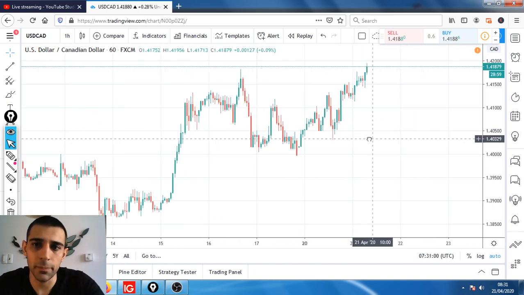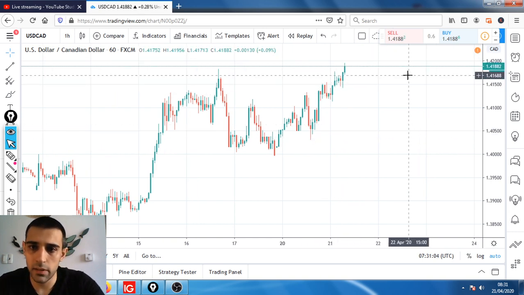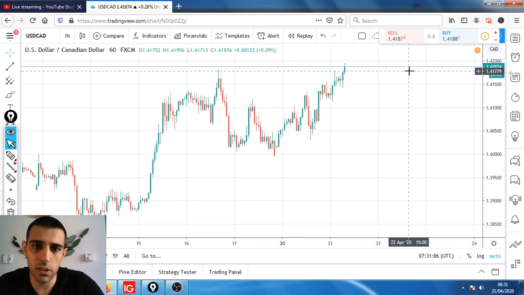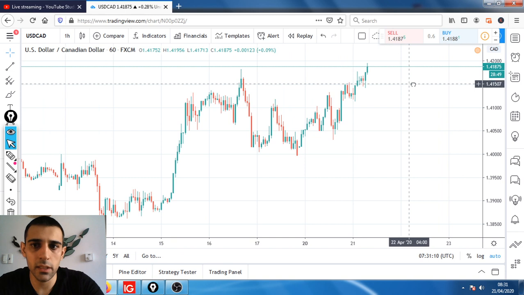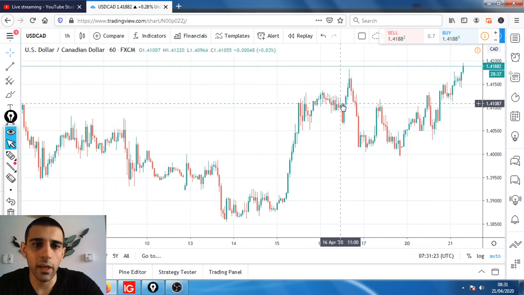We can get onto the long side. Let's see, it's half an hour before this candle is closed. The only potential I see is down to this zone in here, 141.62. That's a bit far away, I'm afraid.